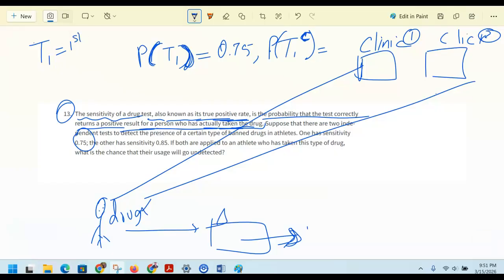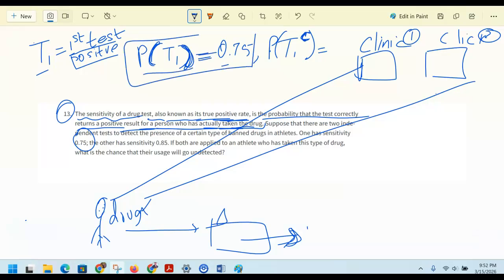The probability that it is positive is this one, and the chance that it is not positive will be 1 minus that. If you subtract 0.75 from 1, you get 0.25.